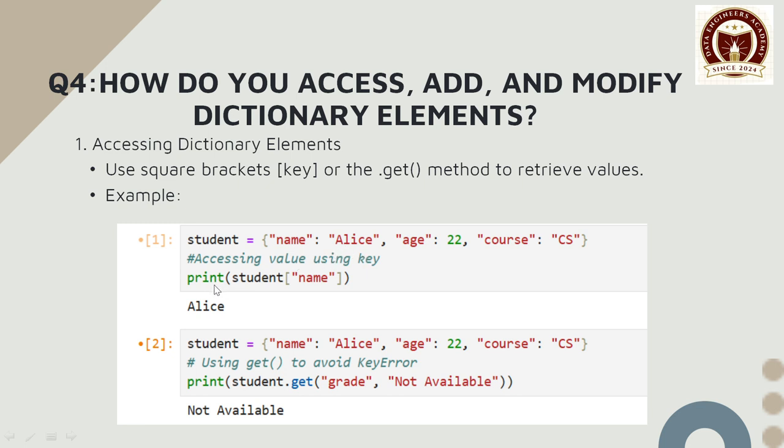So we mention the dictionary name and the key name in the print. We will get student of name, because this is the key we are accessing, and then we will get the value as output.